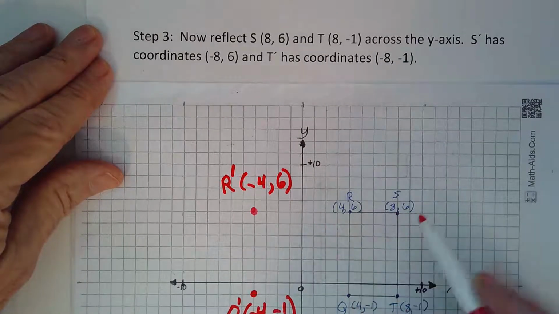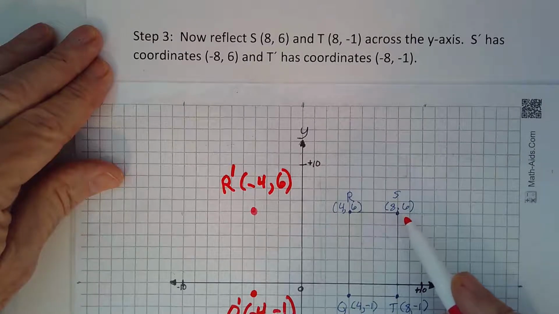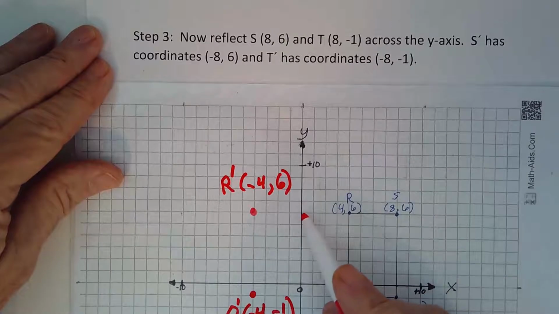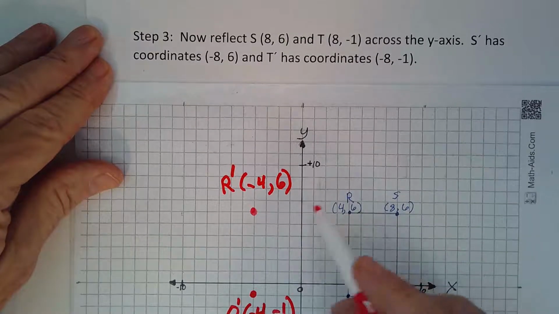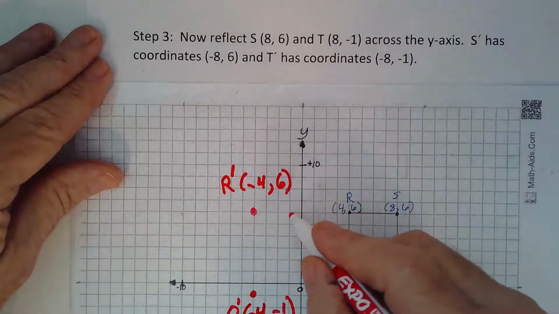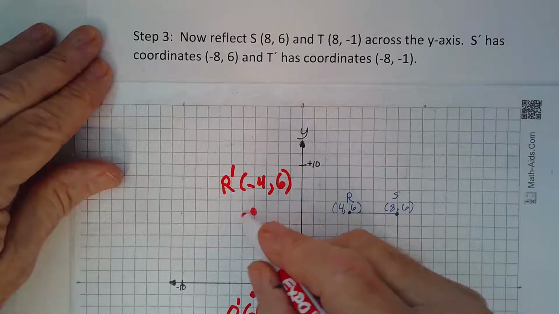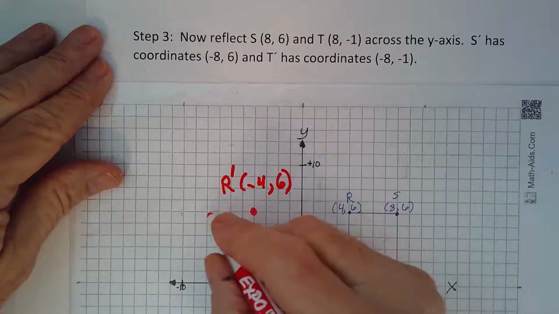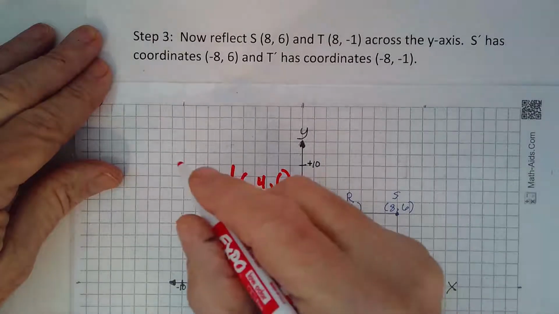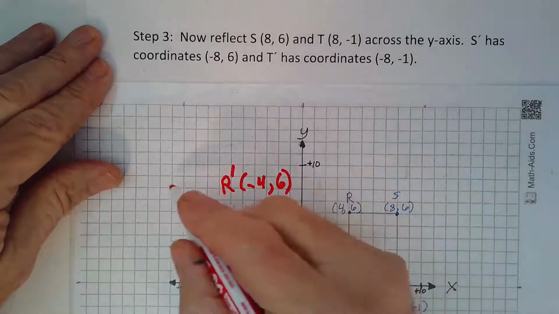It's because S here, for instance, is located where X is 8. And if you go back to 0, where X is 0, that's 8 units. So we're going to count another 8 units going to the left of the y-axis. 1, 2, 3, 4, 5, 6, 7, 8. And so this is going to be where S is.